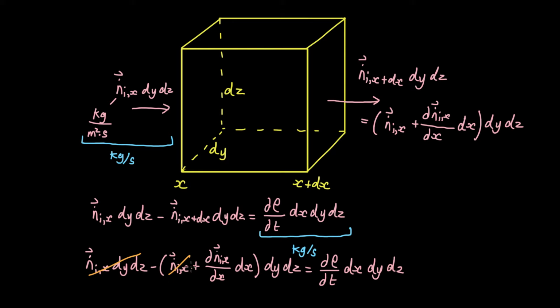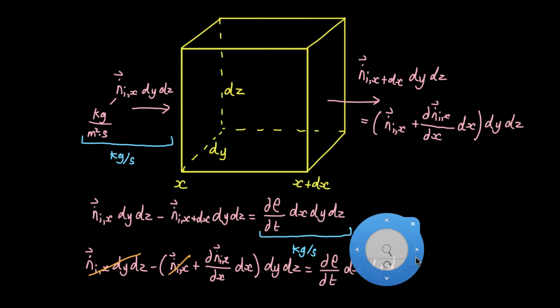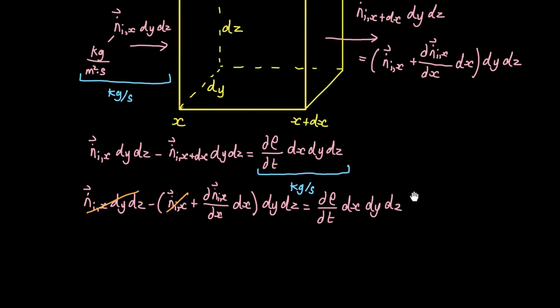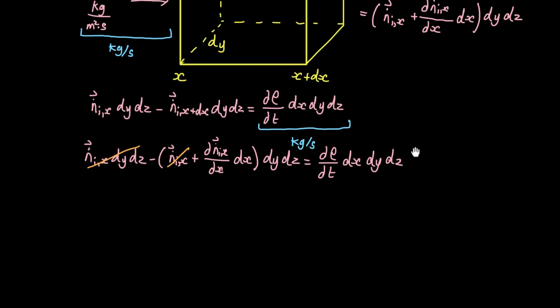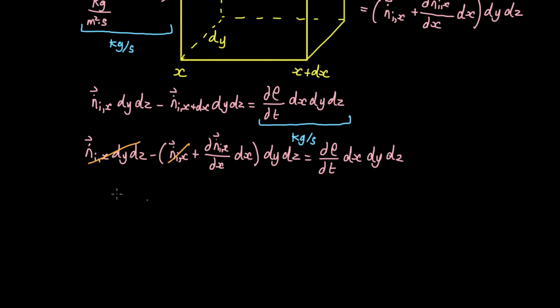so this cancels with this term because this is just subtracting the same thing, and then if I just scroll down a little, we can rewrite this. So this should be negative, of course.